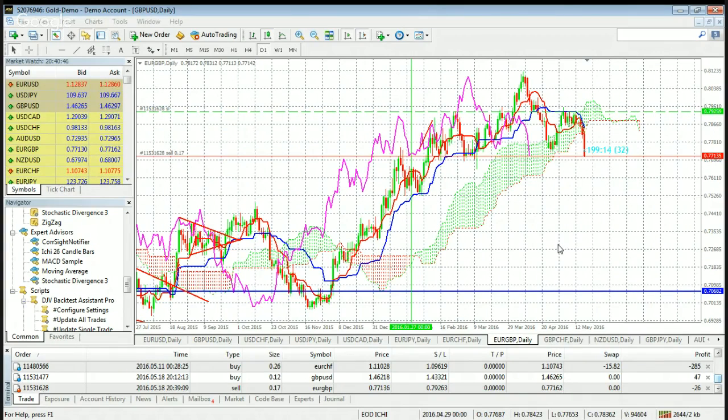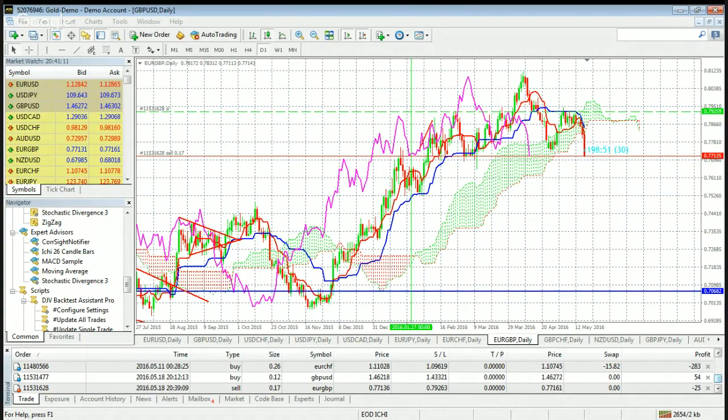Okay, I'm going to give you guys a tip. We're seeing more or less a formation here. What are we seeing? What formation are we looking at? Okay, I'm going to make it a little bit easier for you guys.